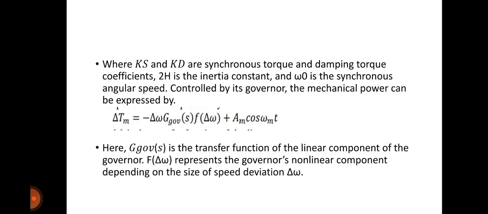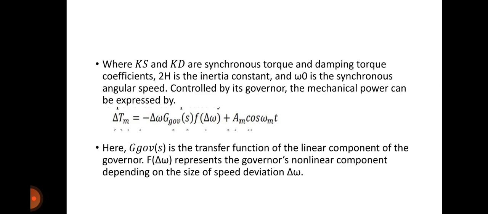2H is the inertia constant and omega naught is the synchronous angular speed controlled by its governor. The mechanical power can be expressed by delta Tm equals minus delta omega G_GOV(s) F(delta omega) plus Am cos omega mt. GOV(s) is the transfer function of the linear component of the governor.